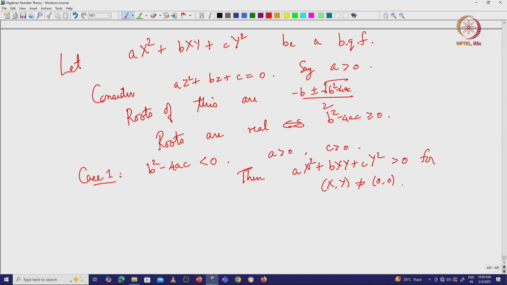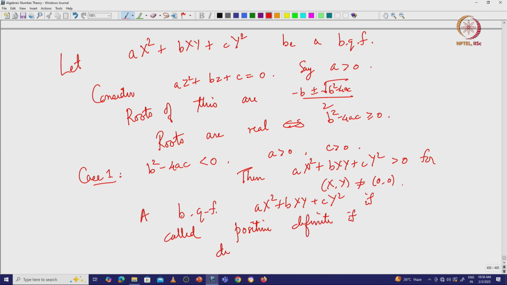So a binary quadratic form ax squared plus bxy plus cy squared is called positive definite if the discriminant b squared minus 4ac is less than 0.